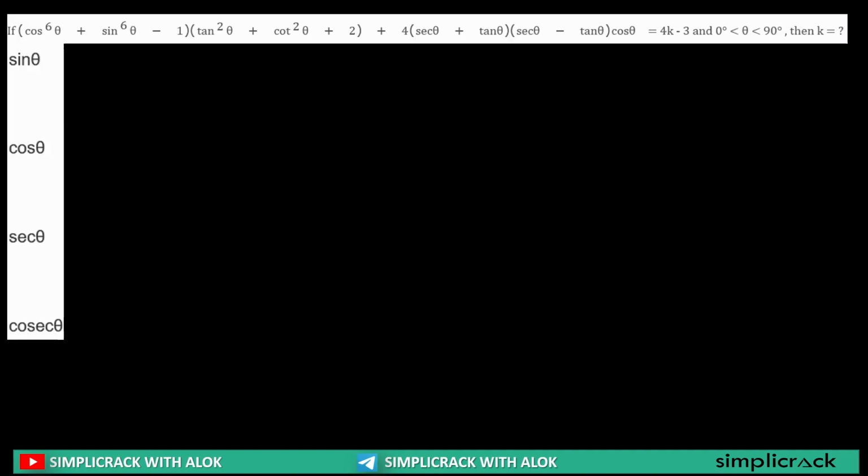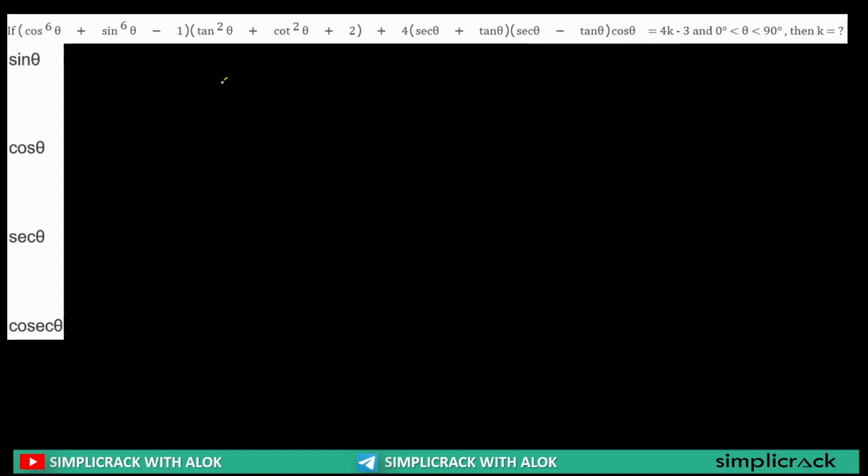Okay, next question. It is saying cos 6 theta sin 6 theta minus 1 is equal to this much. Now we should not be panicking about it. First thing, second thing, what we should be doing? The most important part is that sec theta plus tan theta into sec theta minus tan theta is sec square minus tan square theta, that is 1.